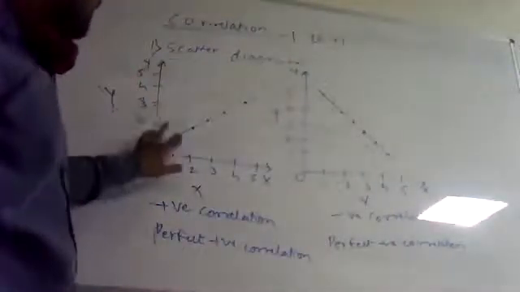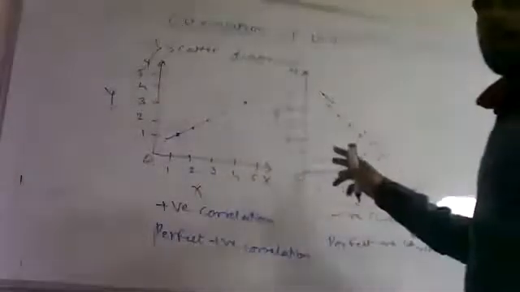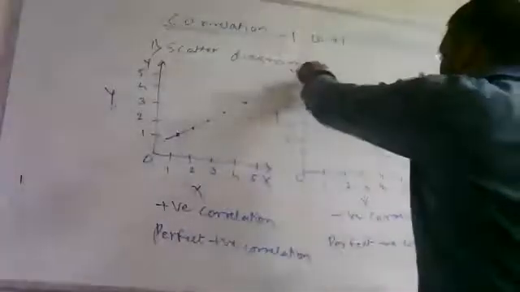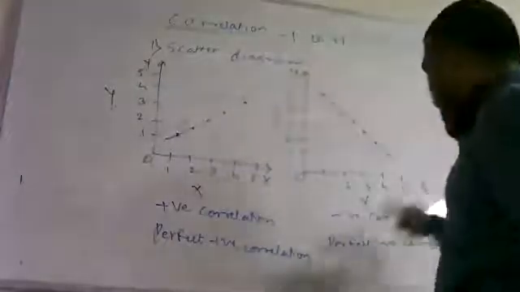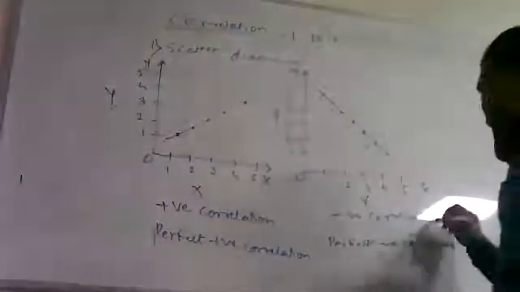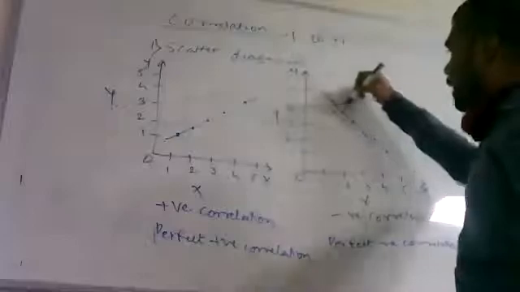If all the points lie exactly on the straight line, then it is perfect positive. Similarly, negative correlation means we get a straight line starting from upper left hand to lower right hand, then it is negative correlation. And again, if all the points lie exactly on the line, it is perfect negative correlation.